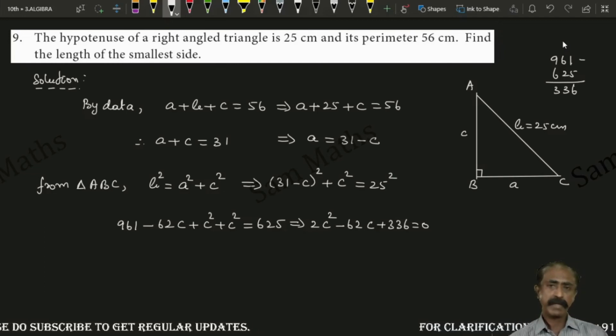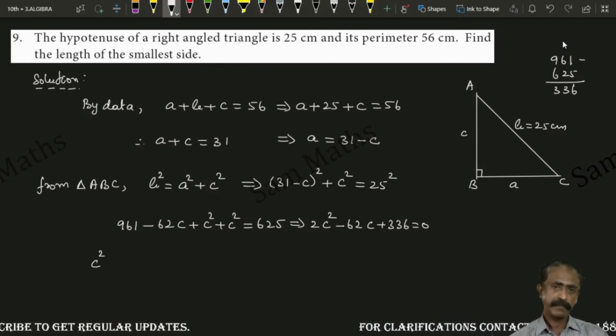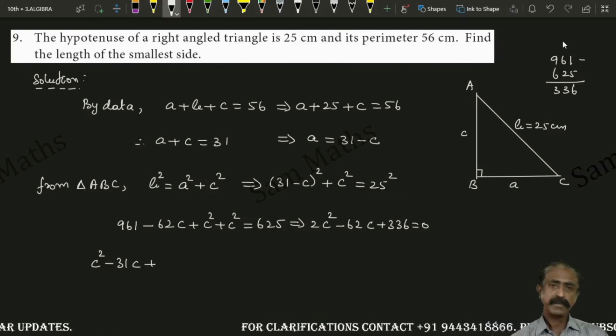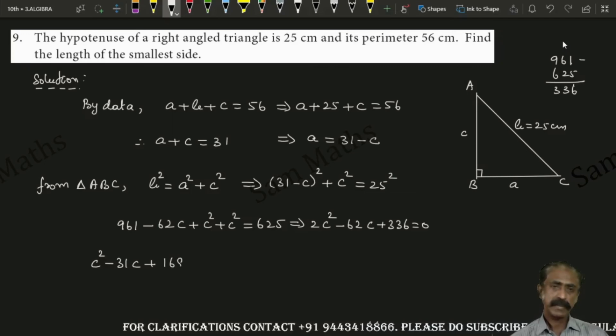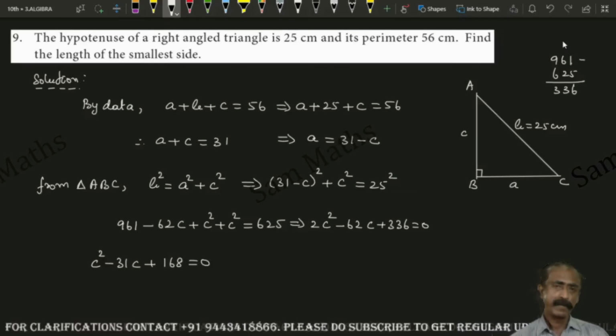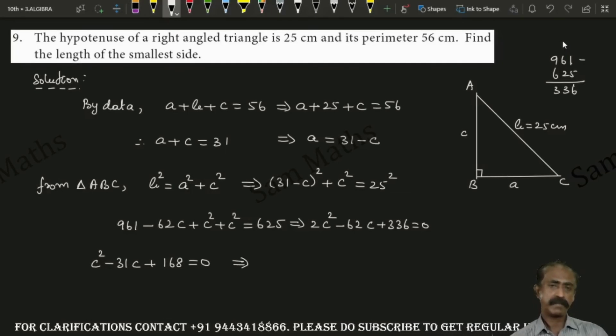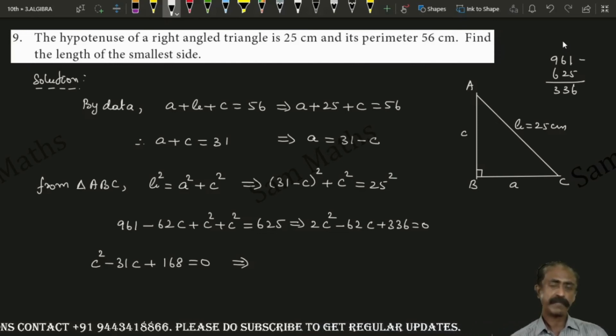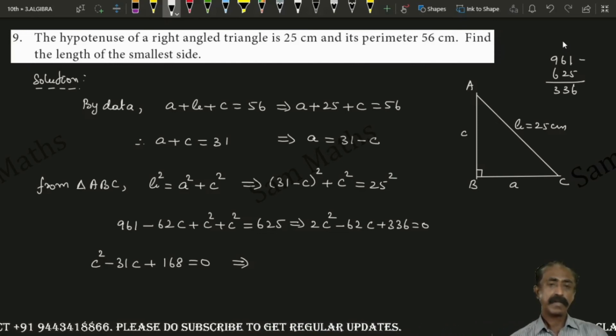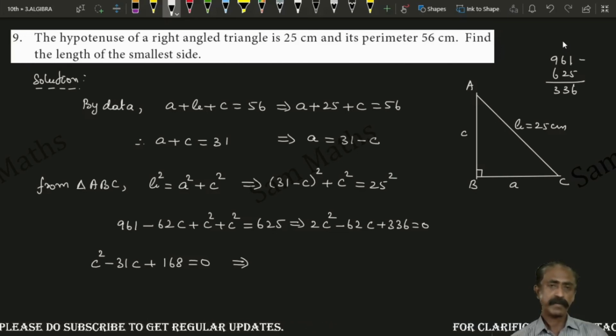You can divide by 2, it becomes c square minus 31c plus 168 equal to 0. Clear, children? Which implies we have to find the possible numbers. So we have to get the sum is 31 and product is 168.